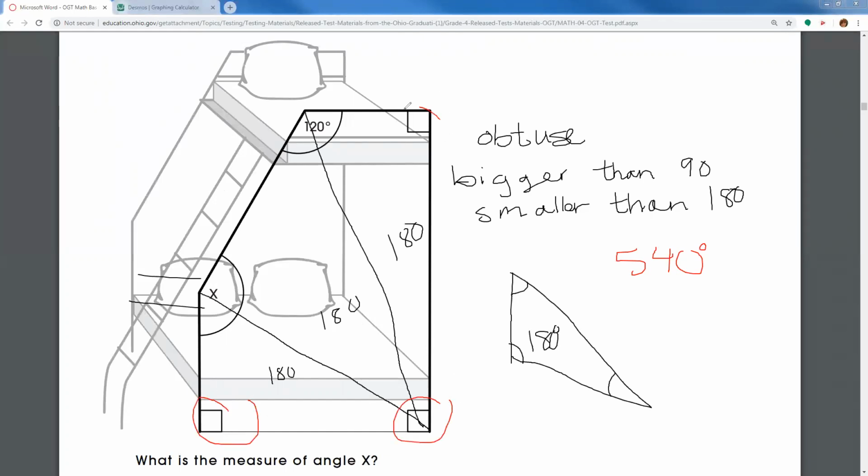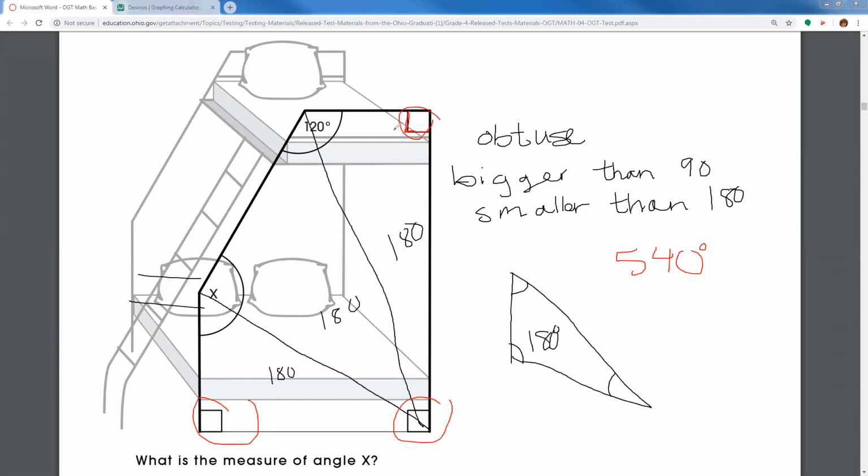What are these angles where they just put the mark? How many degrees does this kind of right angle mark tell you? How many degrees are in a right angle in this? 90.